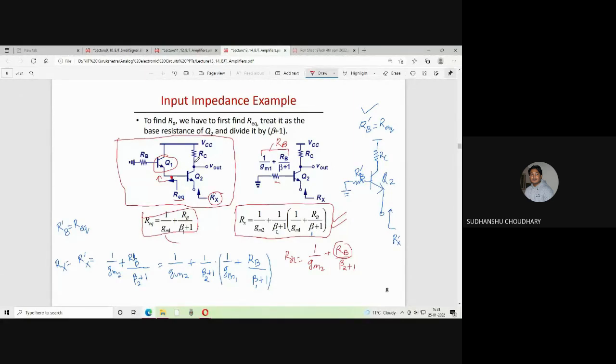This way one can find out the input impedance of any other complex circuit. Maybe I may have a transistor connected here, or any other configuration, or another transistor connected at this point, and that can also be considered.